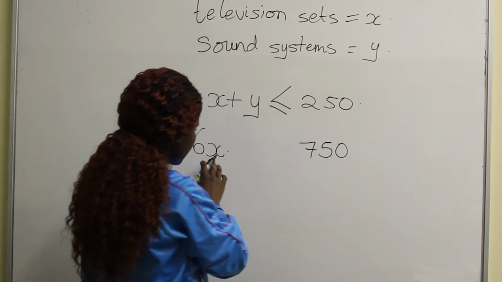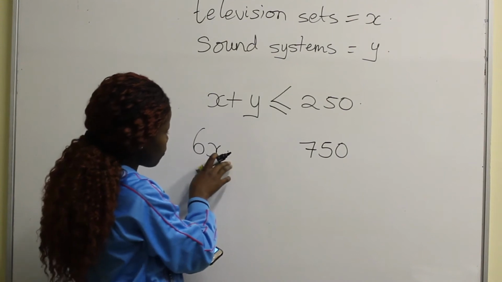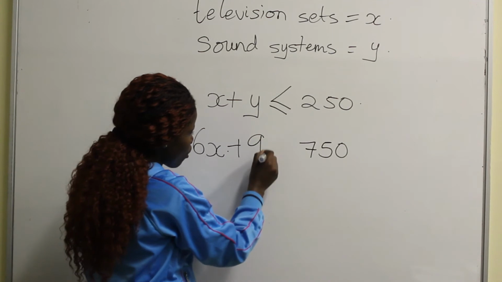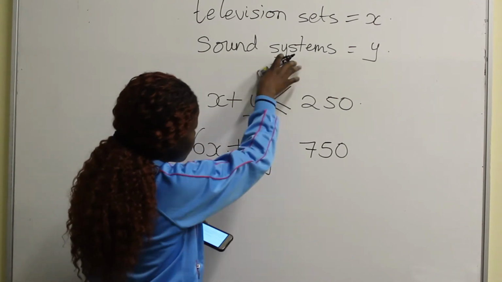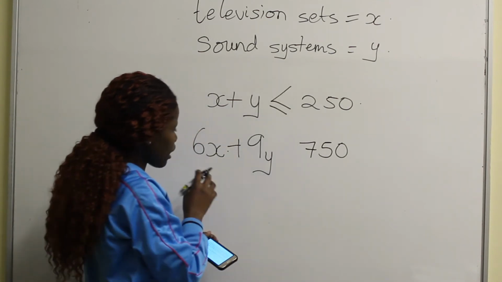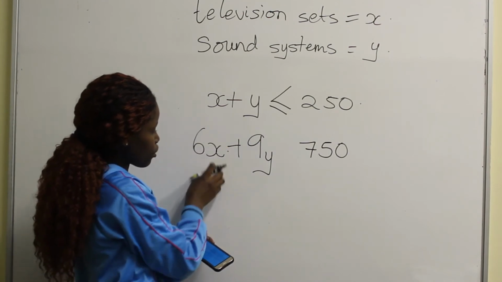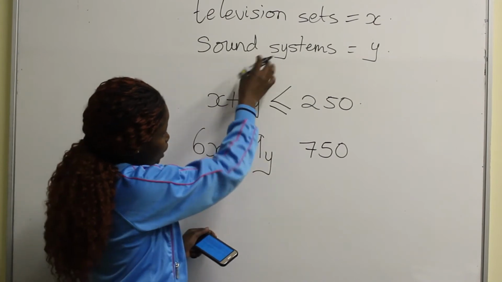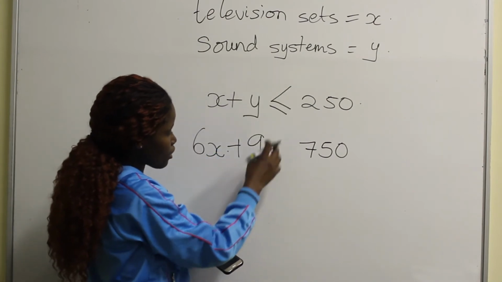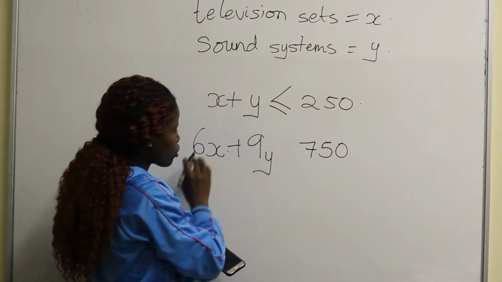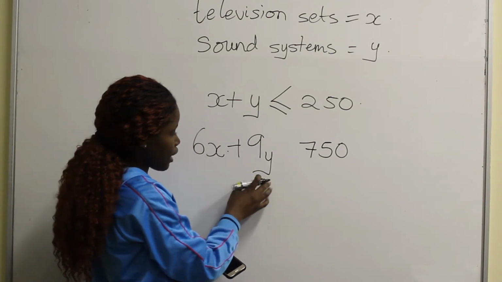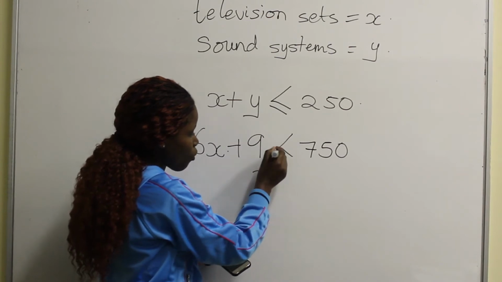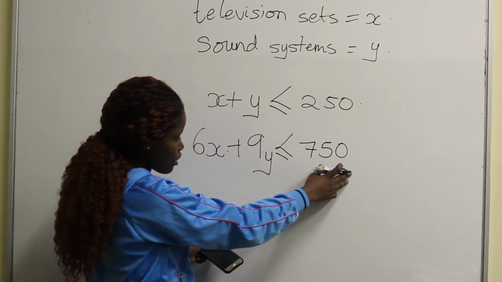So my 6 meters will go along with the television sets, and then we're going to have 9 meters of copper wire for the sound systems. I don't know the number of television sets that I'm going to formulate, but I know they're going to be represented by the X. And the sound systems, I don't know the number, but they're going to be represented by the Y. So therefore, 6X plus 9Y has to be less than or equal to 750 meters.